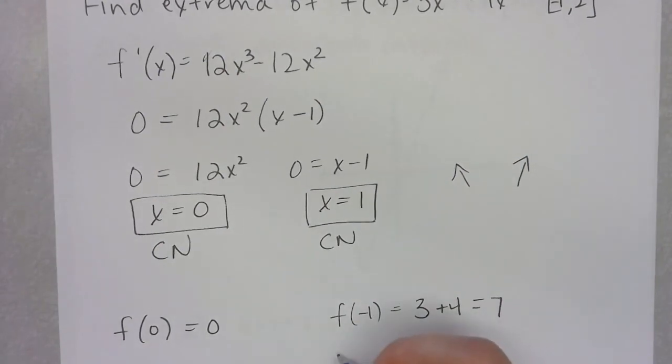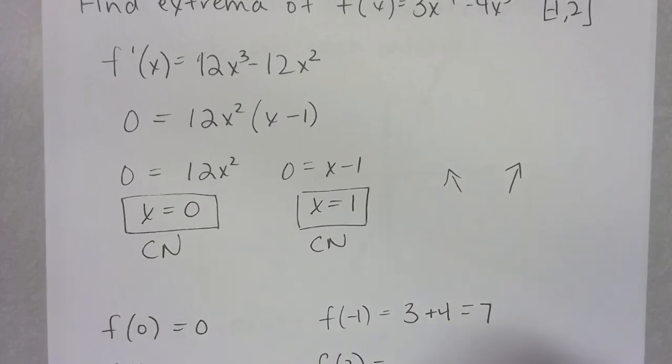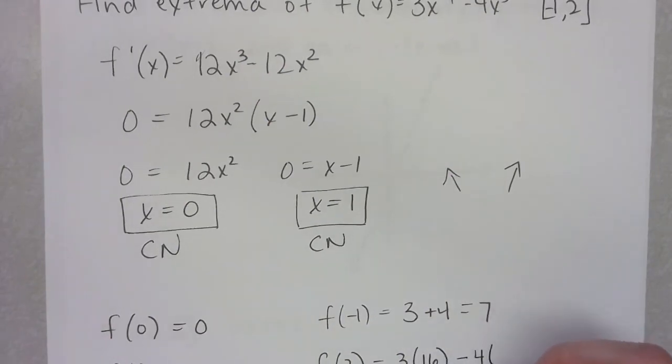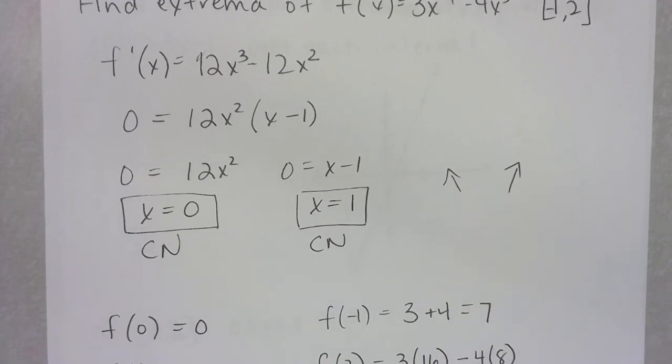So now I'm also going to do f of 2 because that's my other endpoint. F of 2 is 3 times 16, because 2 to the 4th is 16, minus 4 times 8. All right, so I get 48 here, minus 32, which is 16.